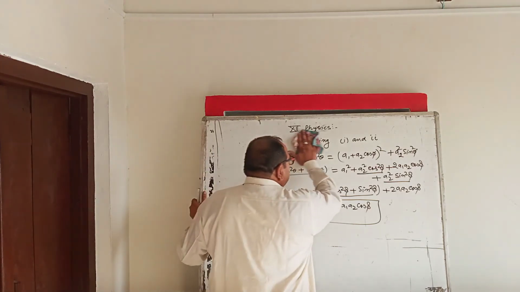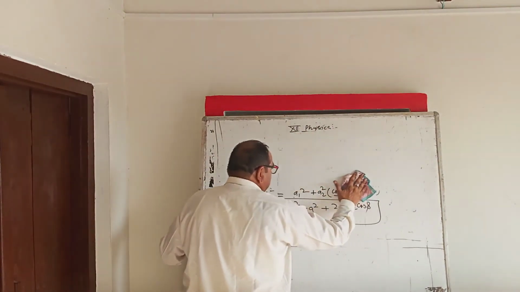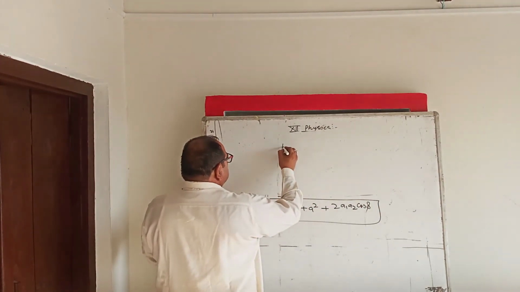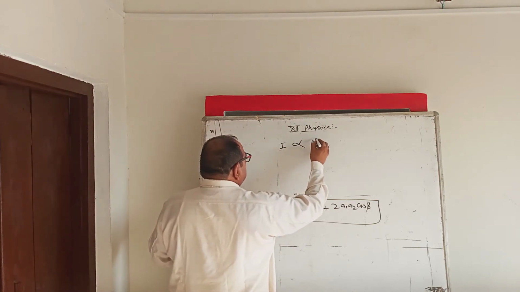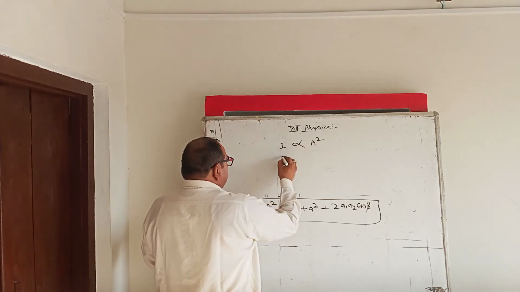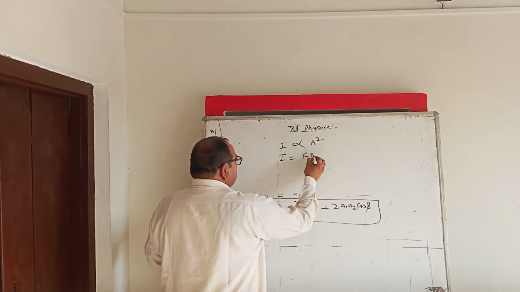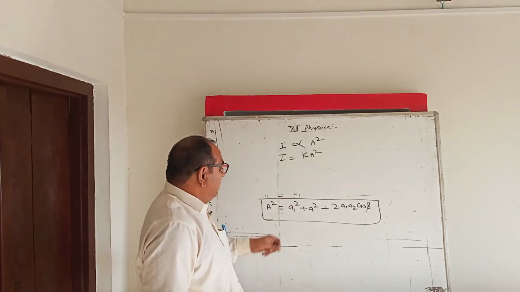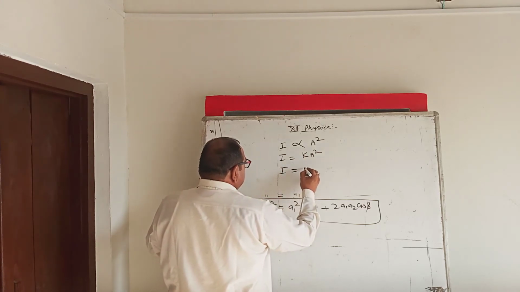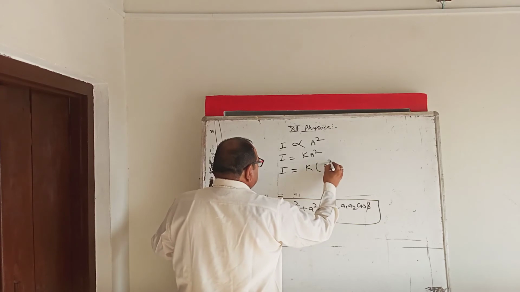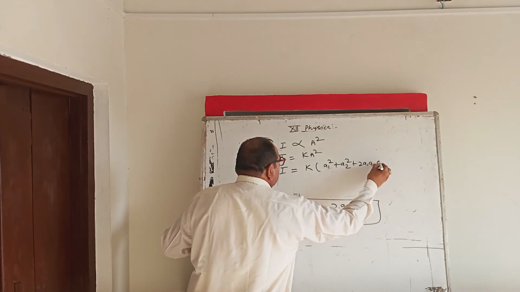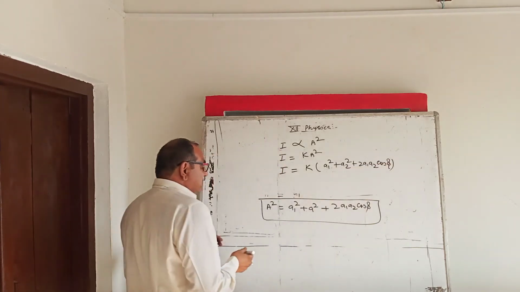The intensity of a wave is directly proportional to the amplitude square. Now I can write K A square, inserting a constant K. Put the value of A square here. The resultant intensity will be K into a1 square plus a2 square plus 2 a1 a2 cos phi.